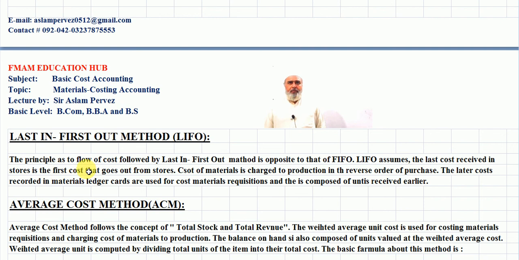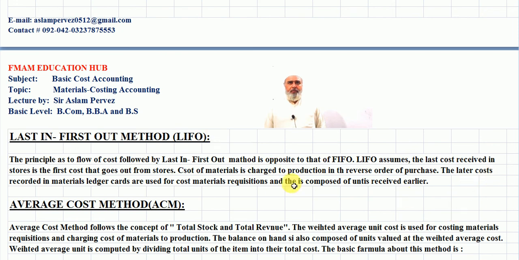The principle of the flow of cost followed by the last in first out method is opposite to that of the FIFO method. Therefore, LIFO assumes the last cost received in stores is the first cost that goes out from stores. Cost of materials is charged to production in the reverse order of purchases.